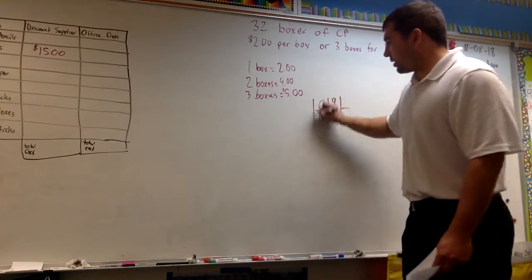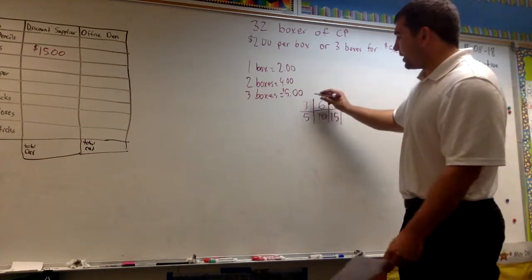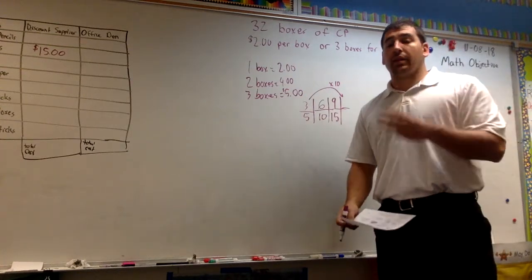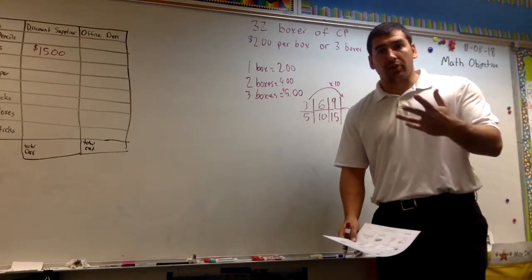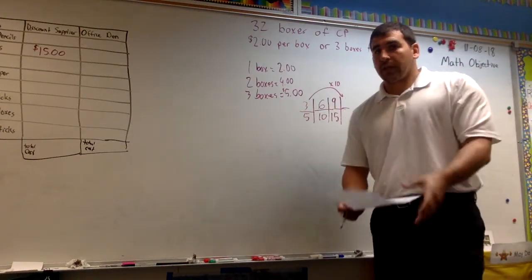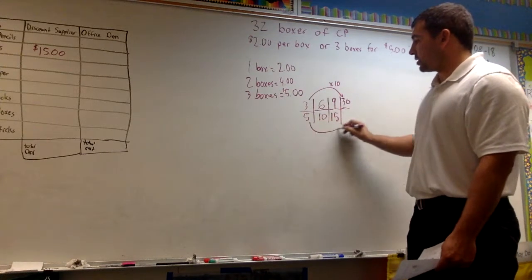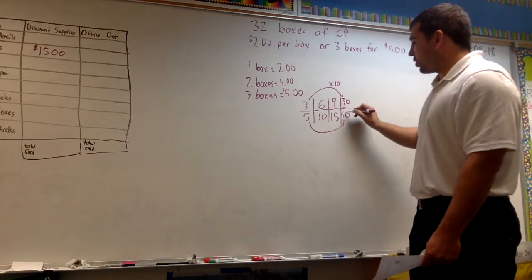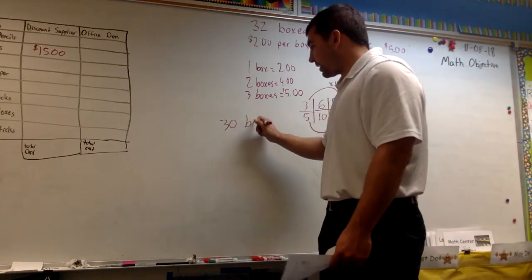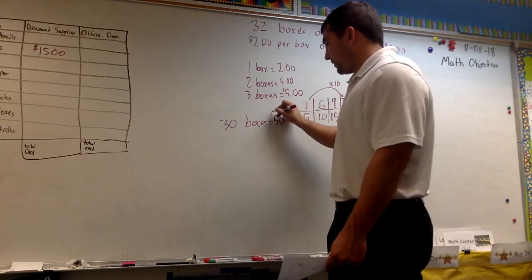What I could really do that's going to make it easy is, if I do that times 10, this is basically saying I'm buying 30 boxes. Every time you buy 3 boxes, it's only $5. So if I do that times 10, the price is going to be 50 bucks. So let's write that down. 30 boxes equals $50.